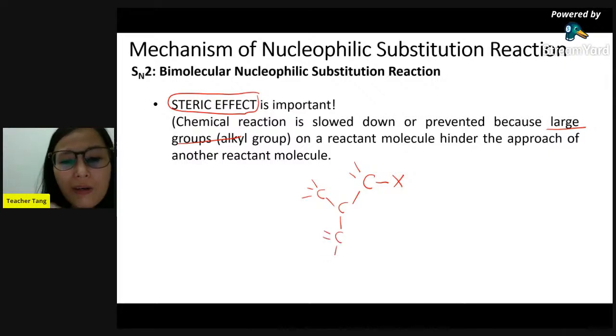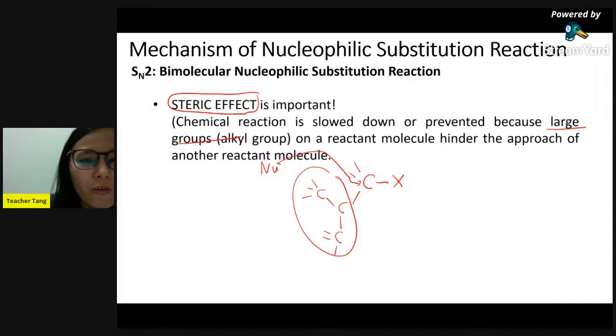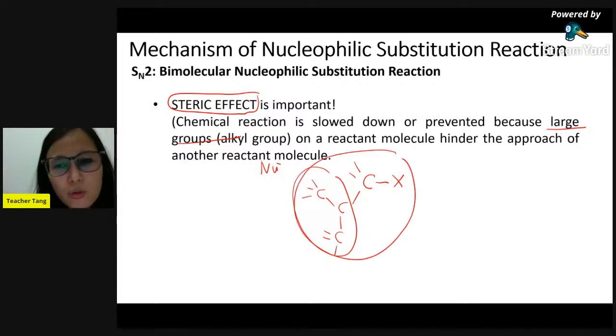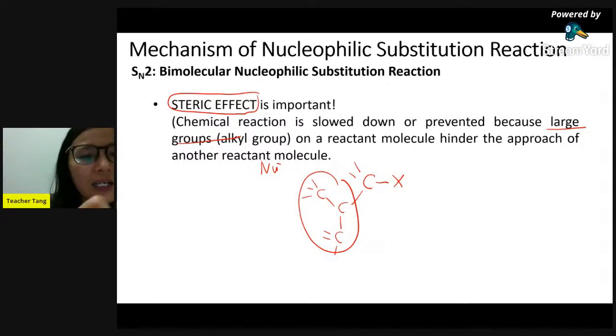So when it is very large, this alkyl group can block the nucleophile from attacking the carbon. Therefore, the reactivity of this haloalkane towards SN2 will be largely decreased. Okay, due to the bulkier group, it causes a high steric effect, so it is harder for the nucleophile to attack the carbon that is attached to the halogen.